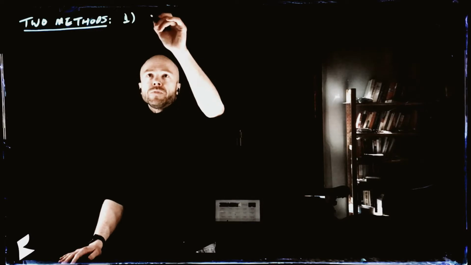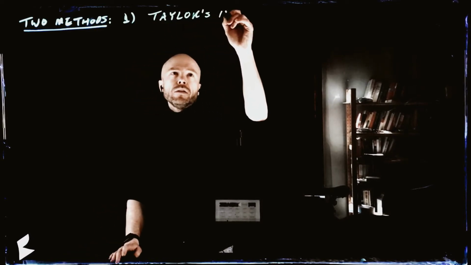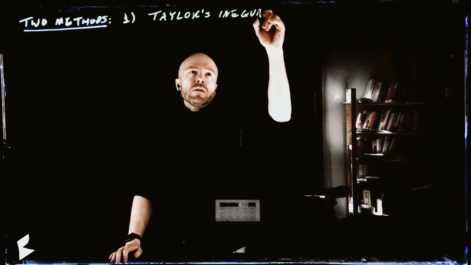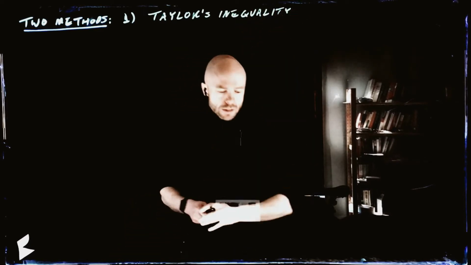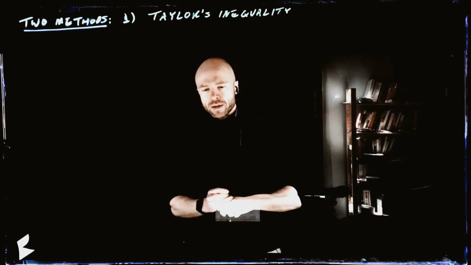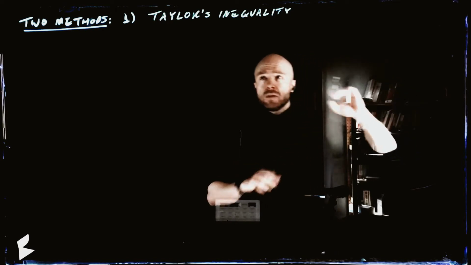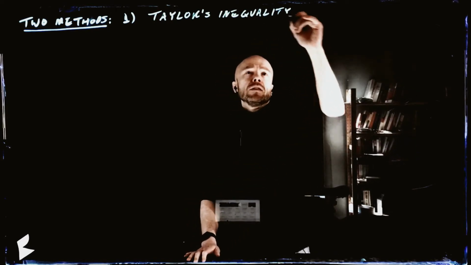The first method always works, Taylor's inequality, but this is, in a sense, harder and more technical because we have to calculate this quantity M, which is the supremum of the (n+1)th derivative over the interval. Taylor's inequality.